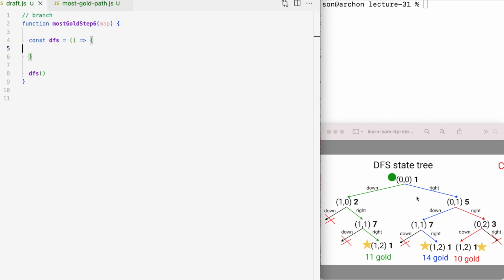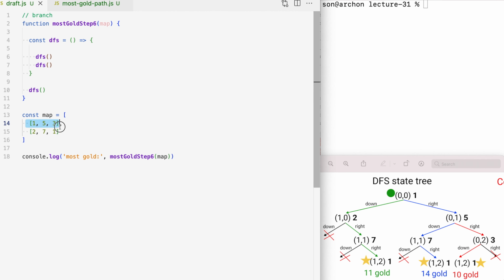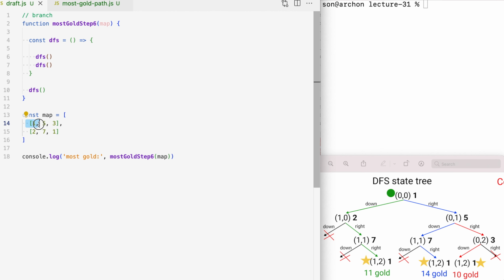So 2 choices gonna give 2 recursive calls, and we can just simply write it down like this. Next, the state variable. To determine where we are on this map, we need the position of the cells. For example, 0, 0 is our starting position, which is here. So our state variables are i and j.